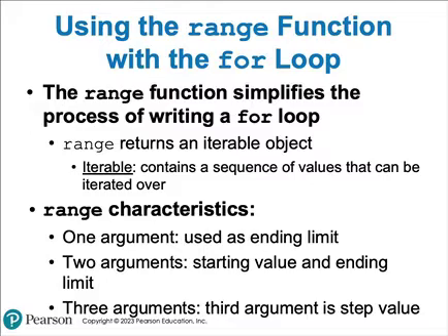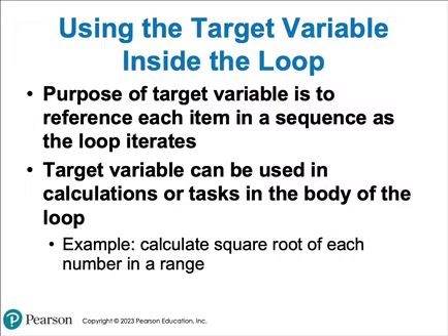If you give 2 arguments, you're giving a starting and ending value. And if it has 3 arguments, then the first is the start value, the second is the ending limit, like the 2 argument situation, but the third is going to be a step value, or you might refer to it as an increment, how much we're going to increment each time we go through.